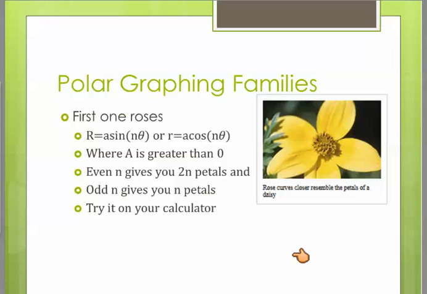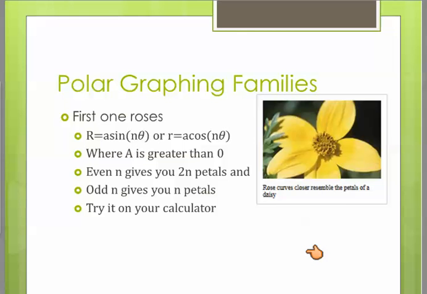You can say that they are symmetrical across the pole as well, and a lot of times they're symmetrical across the y-axis. If there's an odd number of petals, a lot of times the only one you'd be able to look at is the y-axis.